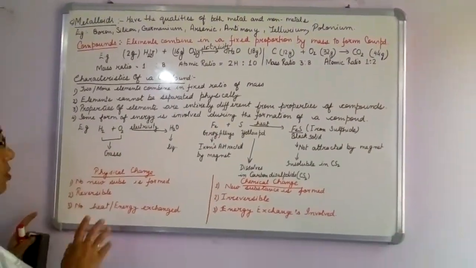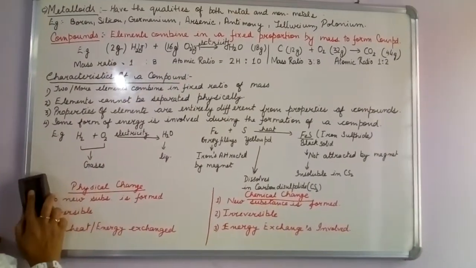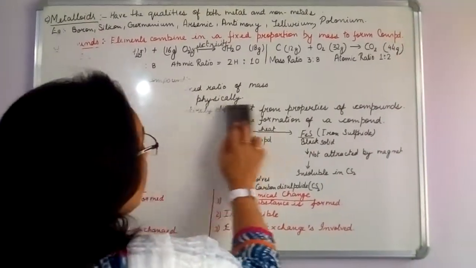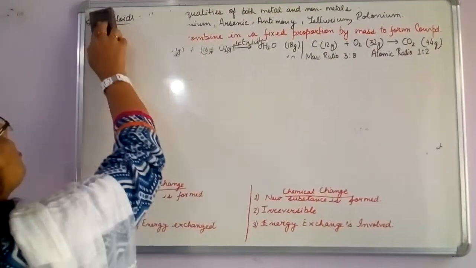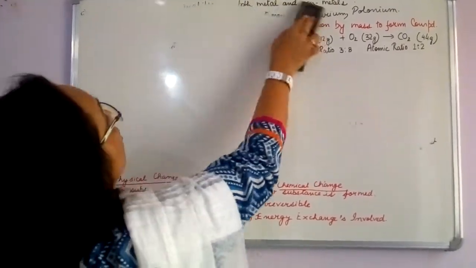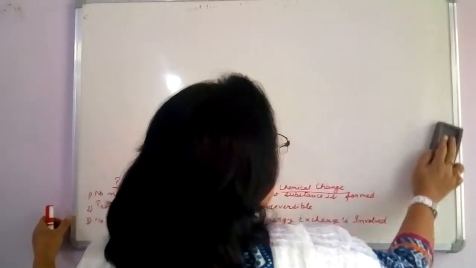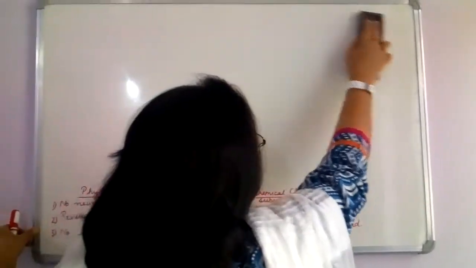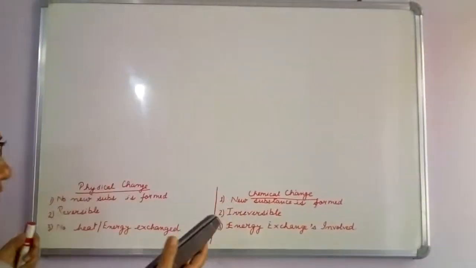Whenever we are talking about a change, we should always see the first criterion, that is whether a new substance is formed or not. Now let me take some examples of physical change and chemical change and explain it to you. For example, cutting down of trees. I say it is a physical change, sorry children, not a chemical change.